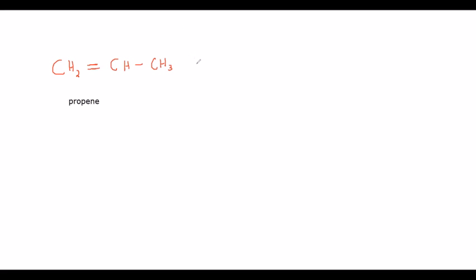It reacted with hydrogen. Hydrogen means H2. I can draw in this manner, H2 I can write, or I can write H single bonded with another H. So when a reaction occurs around 200 degrees centigrade and nickel as a catalyst, hydrogen is added, the first hydrogen added to the first carbon which is having a double bond, the second hydrogen added to the second carbon which is having a double bond.